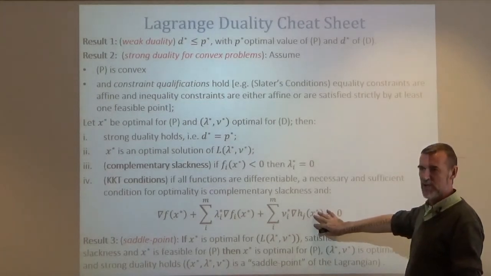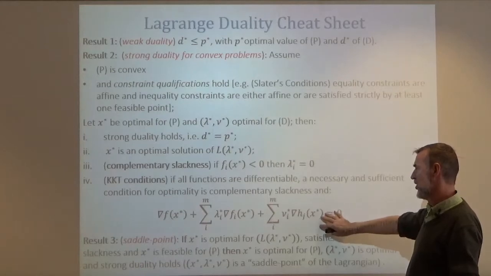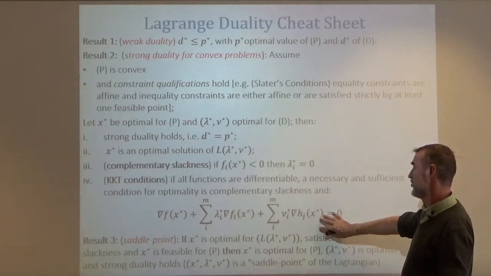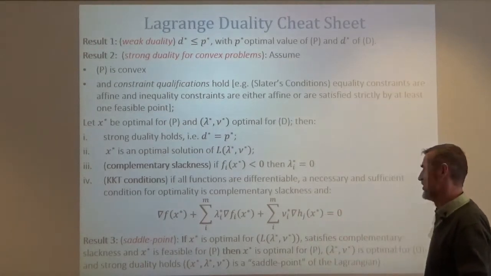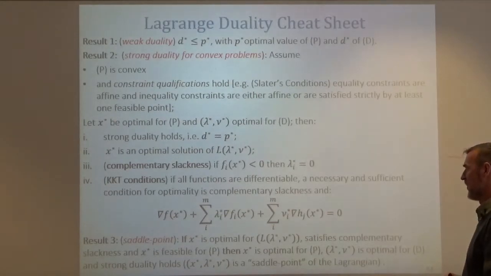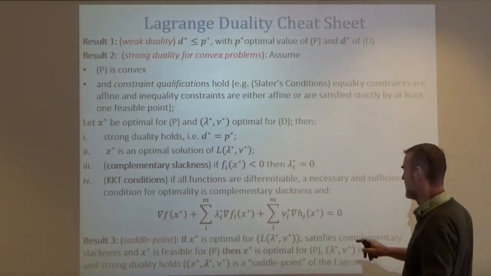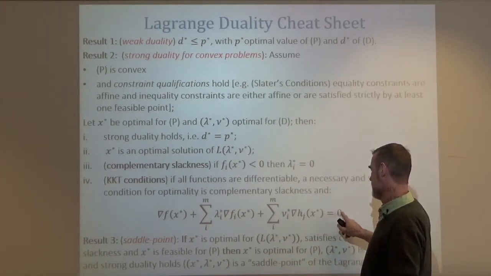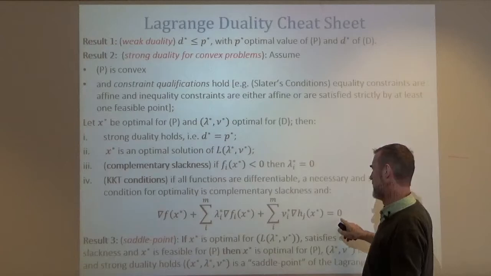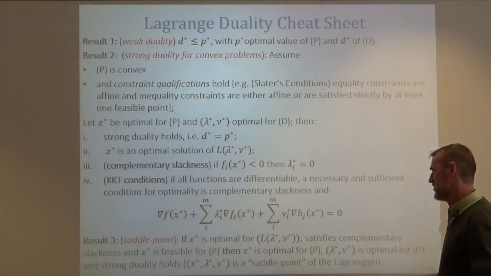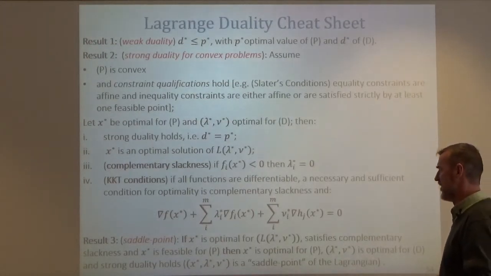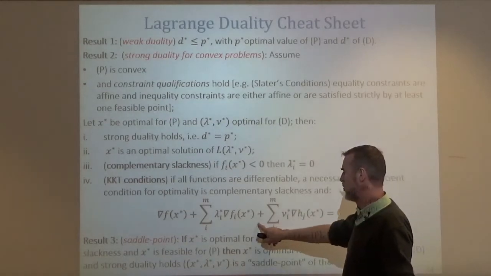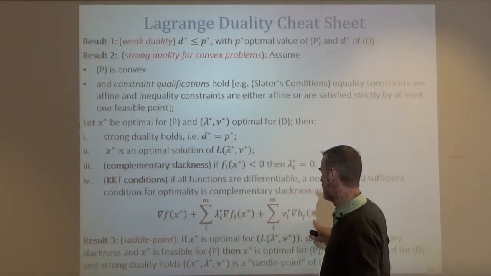The KKT condition, Kuhn-Tucker, I believe there's also Karush, to whom this is attributed. It's also called sometimes the principle of dependent extrema. It says that at the optimal, we must have this stationarity condition.